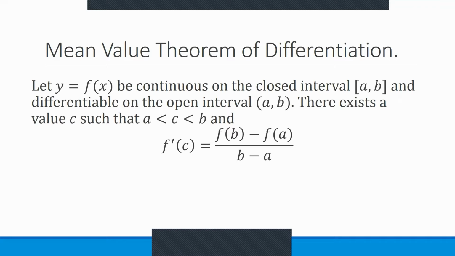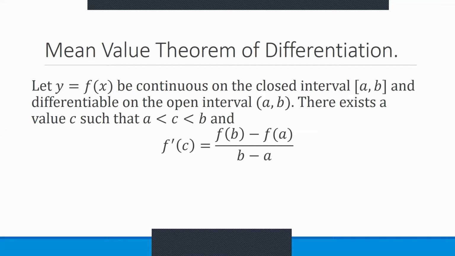Here's the mean value theorem of differentiation. Let y equals f of x be a continuous function on the closed interval from a to b, and differentiable on the open interval from a to b.